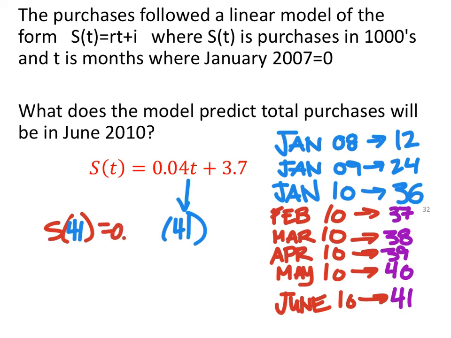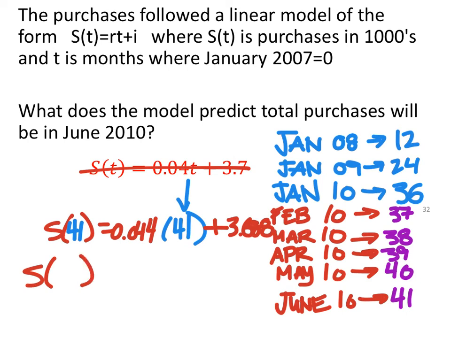So this equals 0.044, I think we had 44, right? Plus, yeah, so it looks like they approximated those values, but I don't want to approximate right now. There's no need to. So I'm going to put this into the calculator, which will tell me the purchases that we would expect in June 2010.